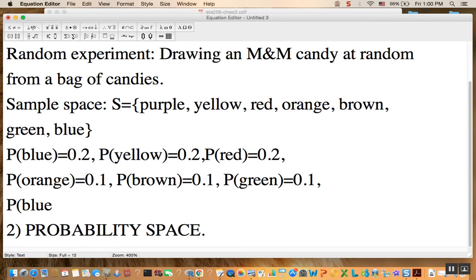And proportion of blue, guess what? I don't have it. Okay, so that's information that we have. So note that those would be the probabilities of our outcomes.